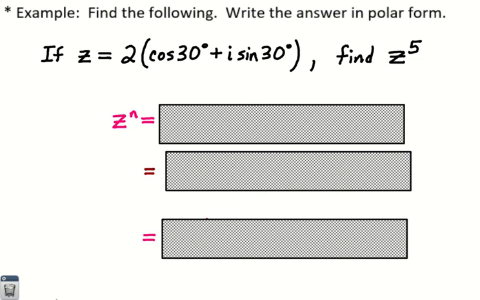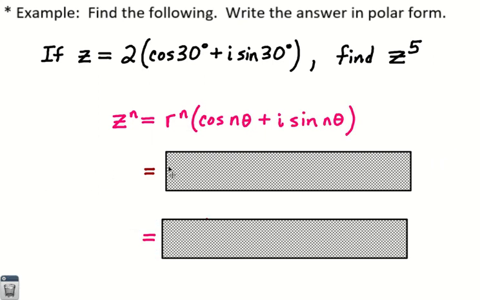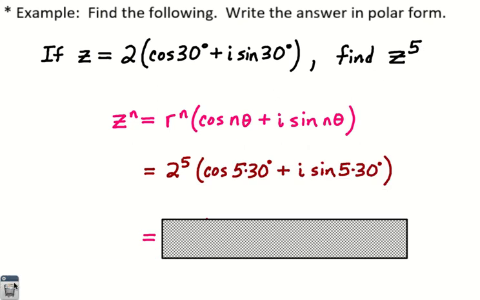And so putting this into practice, let's say we wanted to take this complex number z and raise it to the fifth power. All we have to do is take the radius, well, there's the formula again, take the radius and raise it to the fifth power, and take the 30-degree angle and multiply it by the 5.